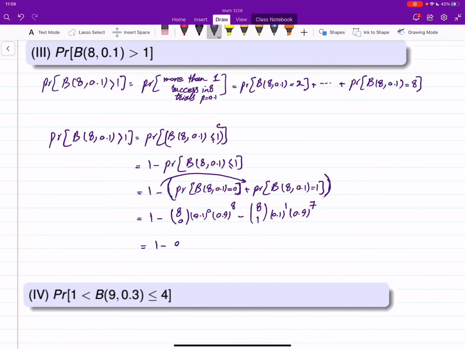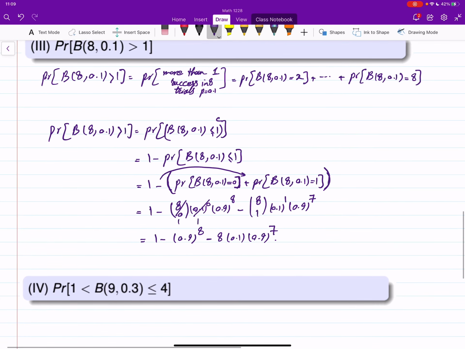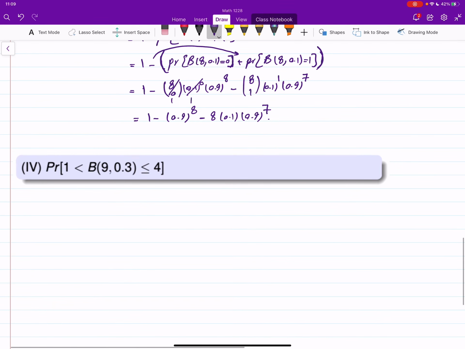So this is 1, this is 1. That means the first term is 0.9 to the power 8, minus 8 choose 1 is 8, 0.1 times 0.9 to the power 7. And that's the number that we were looking for.